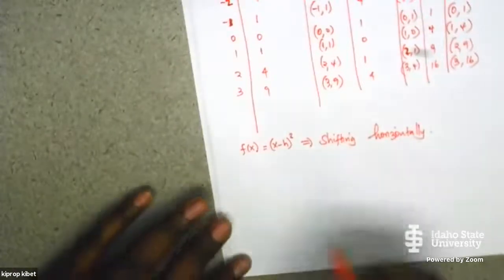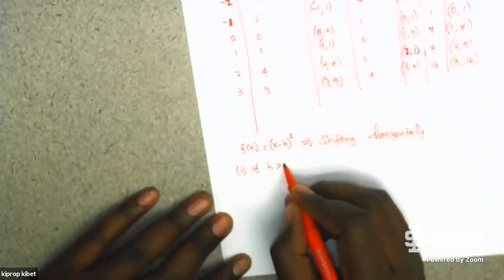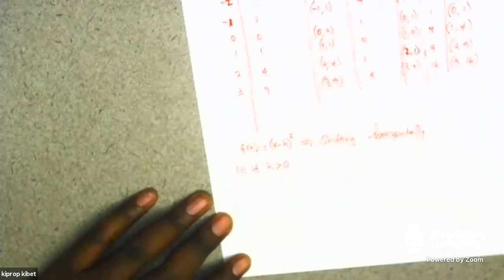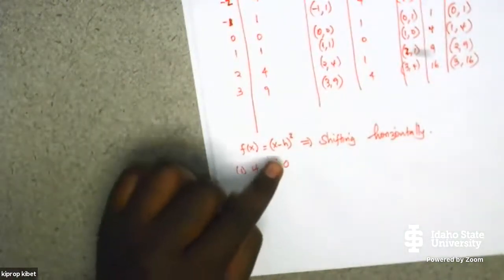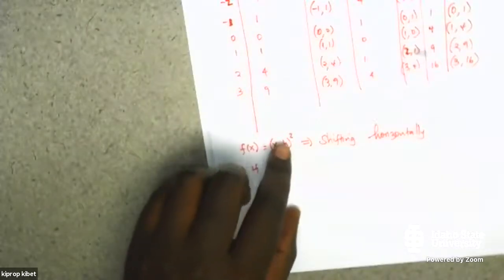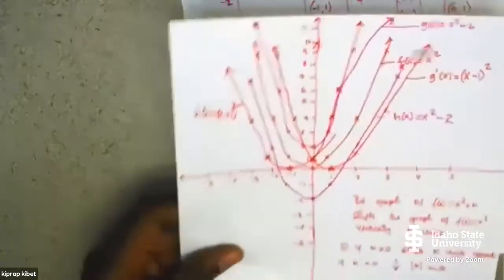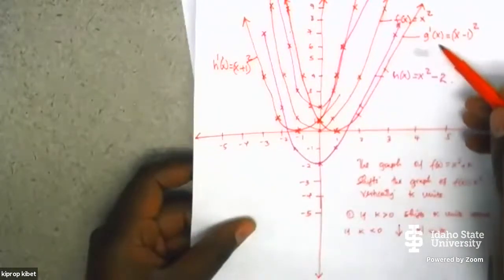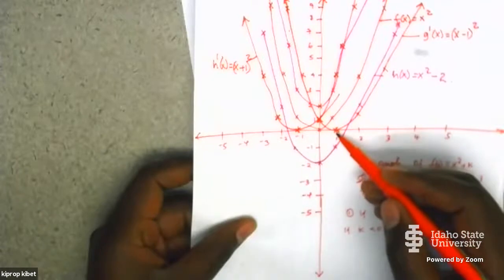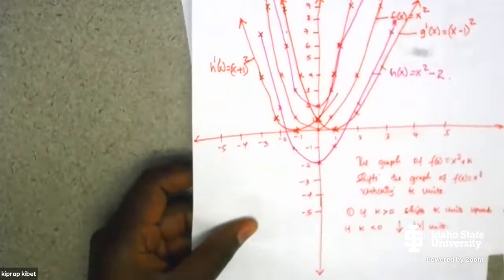So therefore, number 1, if h is greater than 0, that means it is positive. So if this h is positive, as we can see from our graph here, then it means it is this g prime. And where was it going to? To the right.